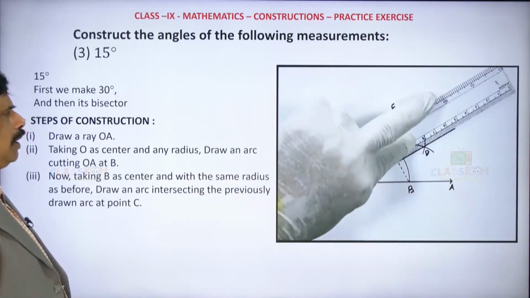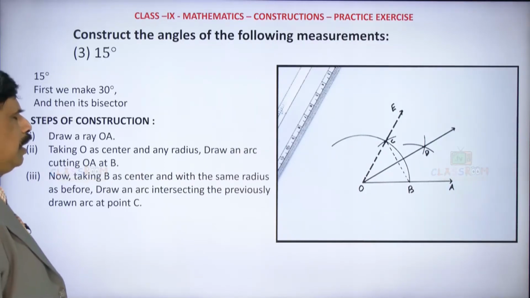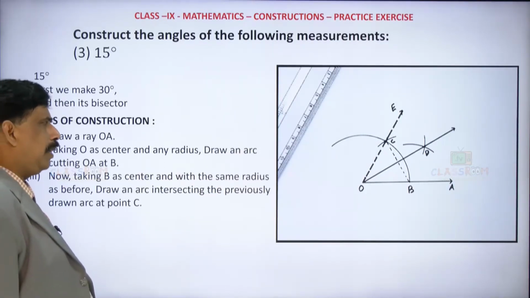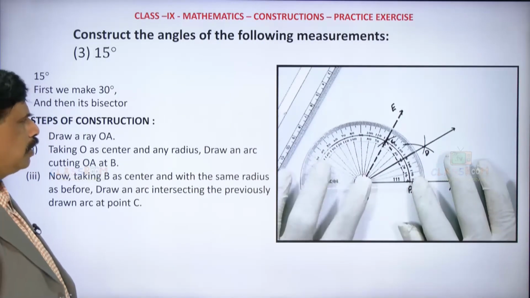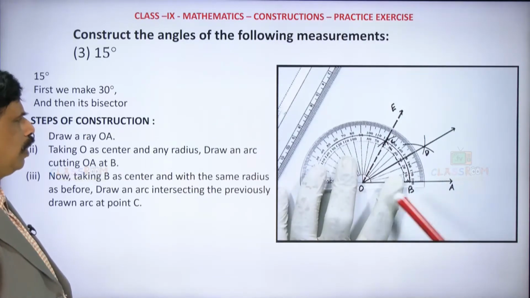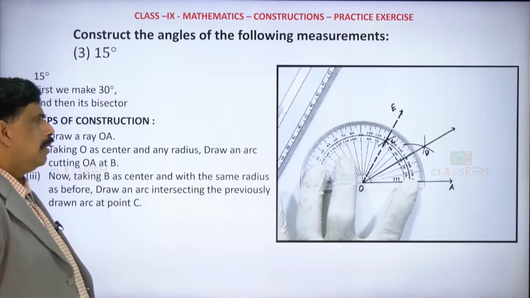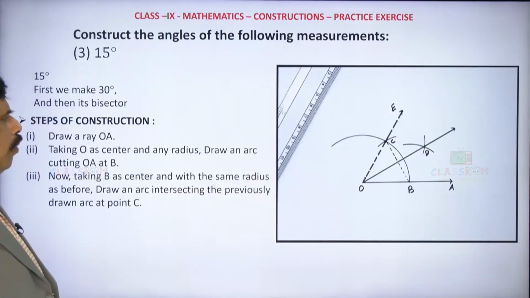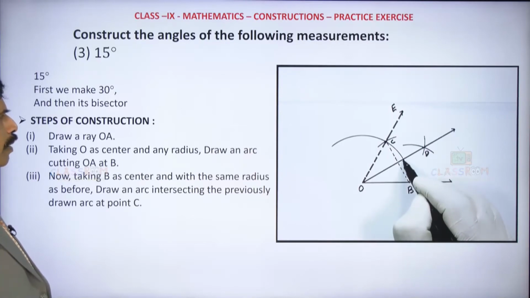So it is very clear that angle AOD 30 degrees we know. That is the bisector of angle AOE. So angle AOD, we got it as 30 degrees. Right. So now what we have to do, we have to bisect even angle AOD.